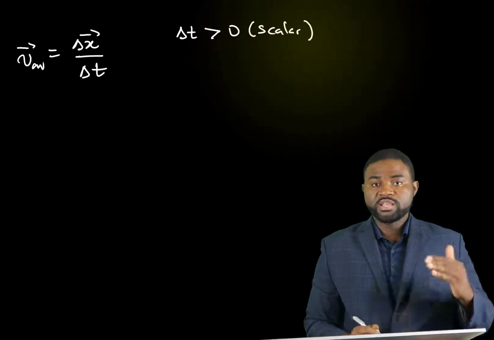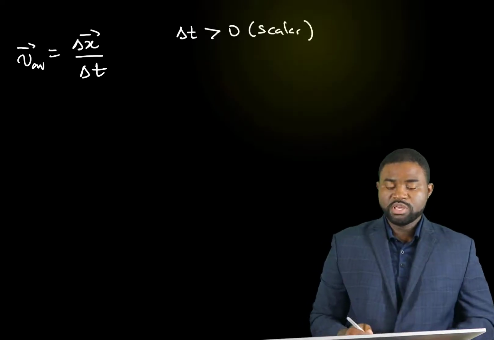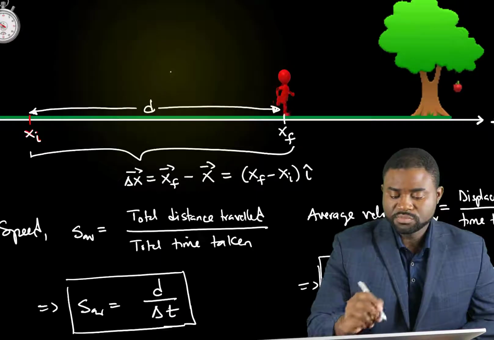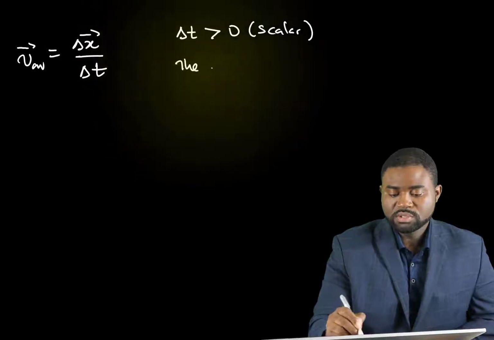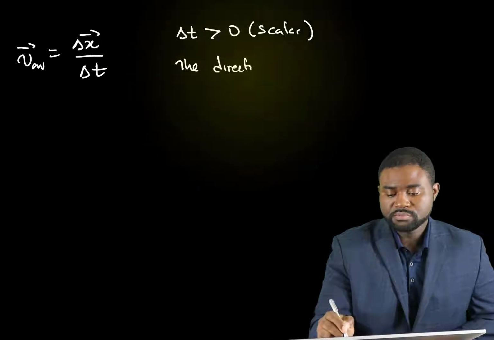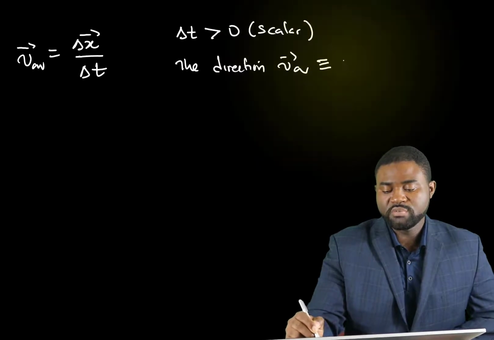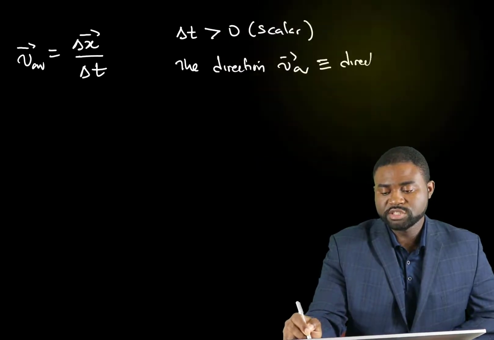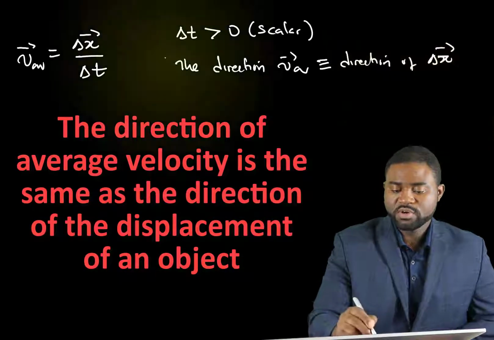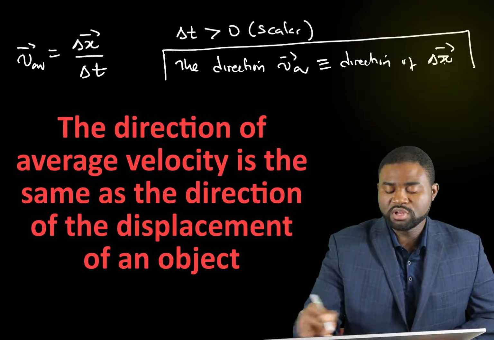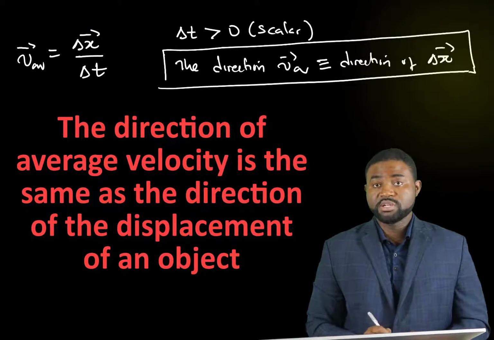When you divide anything by a scalar, it remains that thing. That means that the direction of average velocity is the same as the direction of displacement delta x.